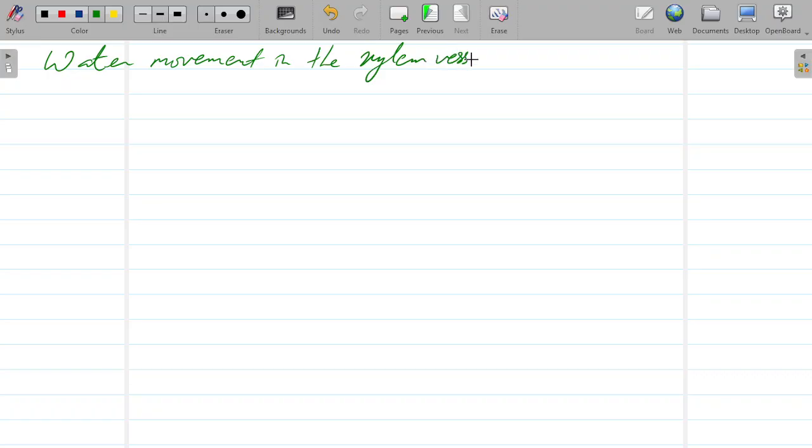Let's see. So what happens is, if you try to suck water up in any other way, you cannot do it for higher than 10 meters.